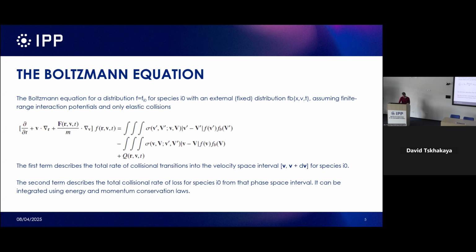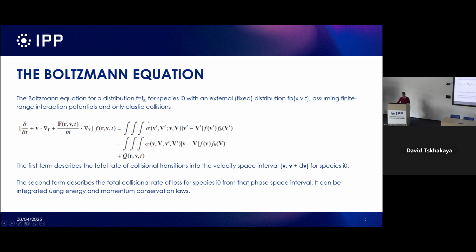The equation that governs the transport or time evolution is the Boltzmann equation, which is written here for finite range interaction potentials and elastic collisions with neutral distribution f_i0 for some species i0 on a fixed external background f_b of the plasma.